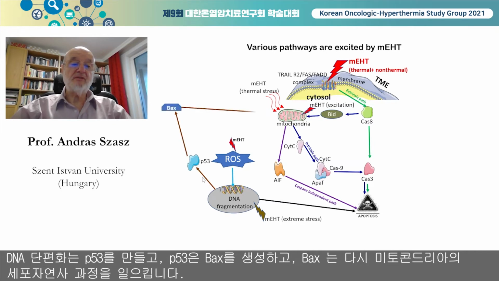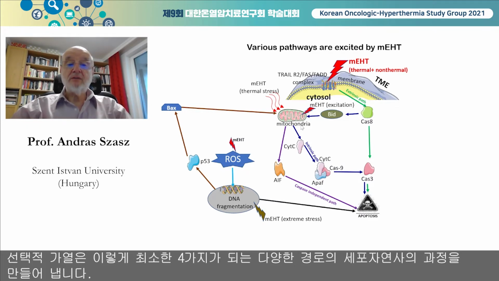DNA damage produces P53, and P53 induces Bax, and Bax promotes the mitochondrial apoptosis. And of course, it's very nice that so many apoptotic pathways are available, at least 4 different.